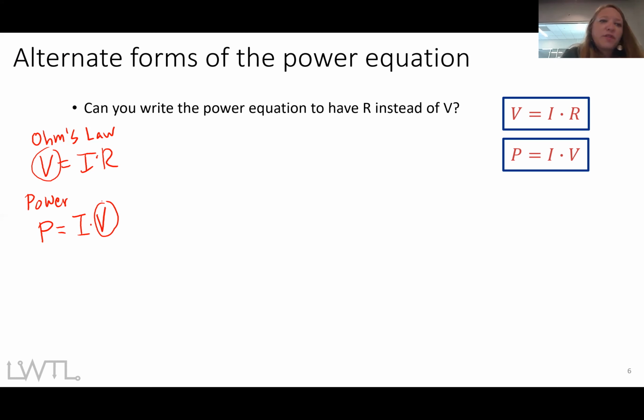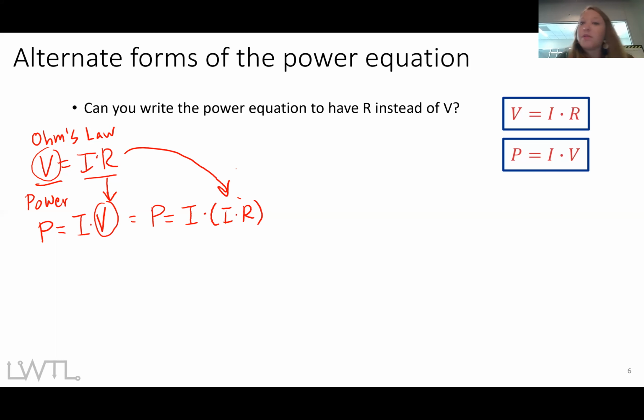Yes, they are. So if I'm saying V equals I times R, I can substitute in I times R for V. So I can say power is equal to I times I times R, and then I can simplify this and say power is equal to I squared R, right?